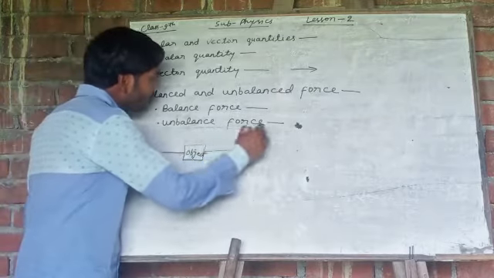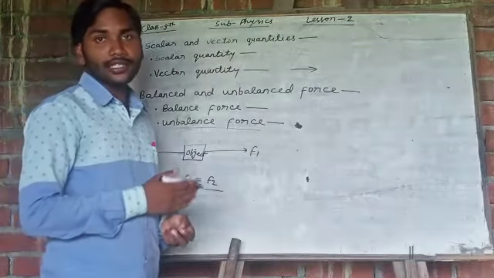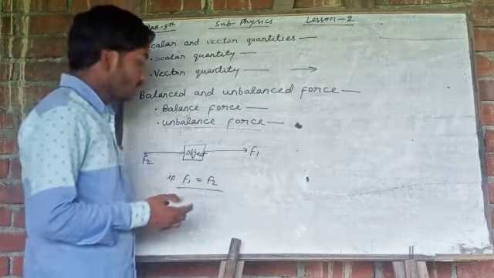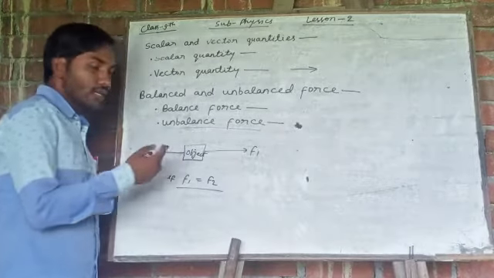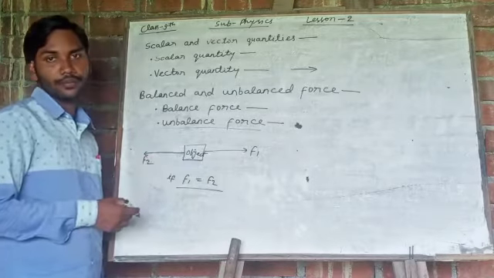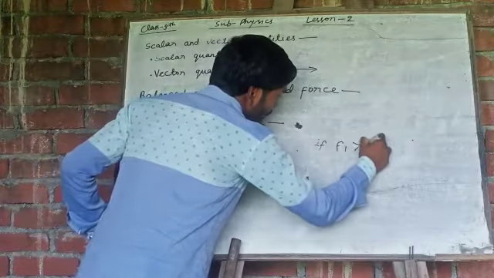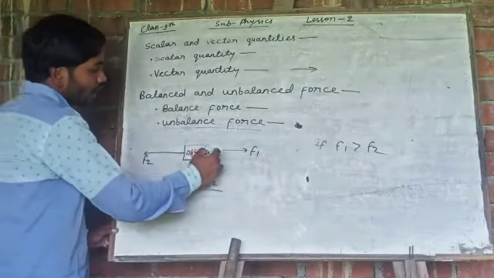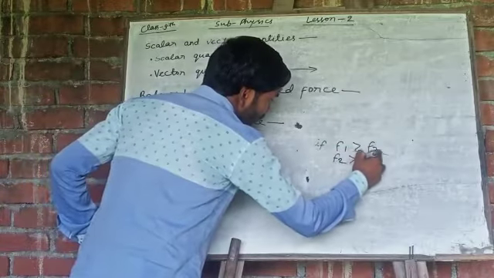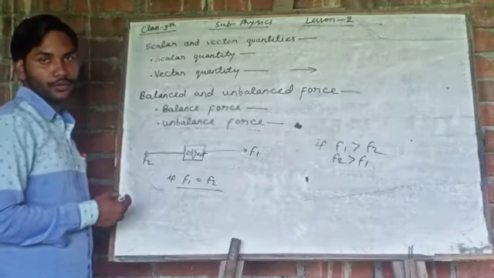Now unbalanced force, if the magnitude and direction of F1 and F2 are different, so the object will displaced from its position. If F1 is greater than F2, so this object will come towards F1, and if F2 is greater than F1, so this object will come toward this side.